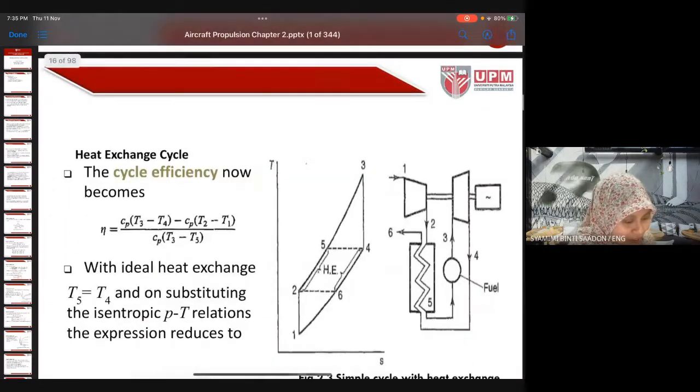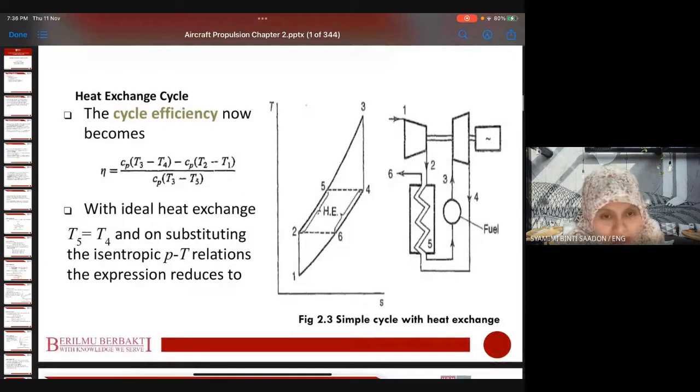Okay, heat exchange cycle. All those figures and equations I showed just now are about a simple basic gas turbine cycle which only has 3 or 4 components. Now we are going to see what happens if we add an extra heat exchanger, an extra component, to the basic gas turbine cycle, which means we modify the engine.